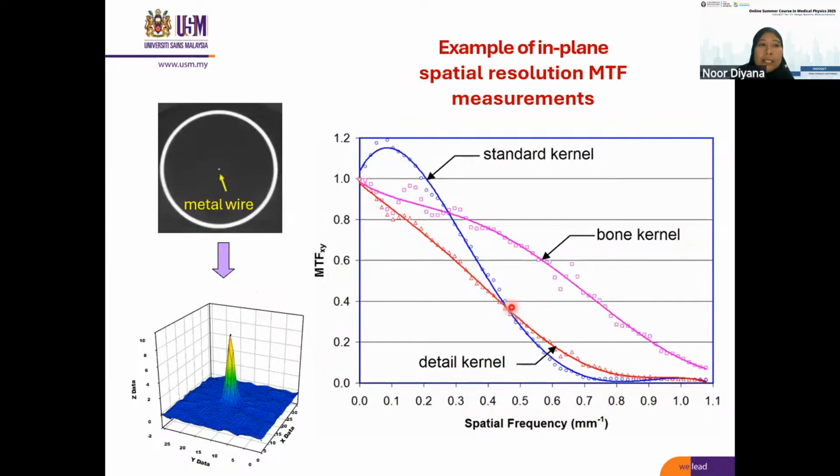And this is also a previous study. This shows the in-plane spatial resolution of MTF. This one is using the standard kernel, and this one is using the bone kernel. That's the curve.